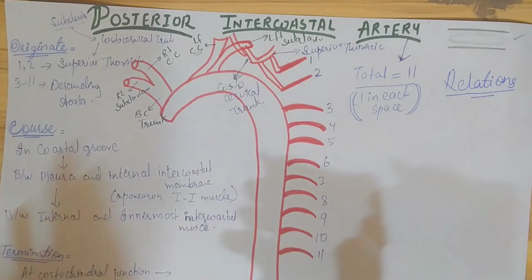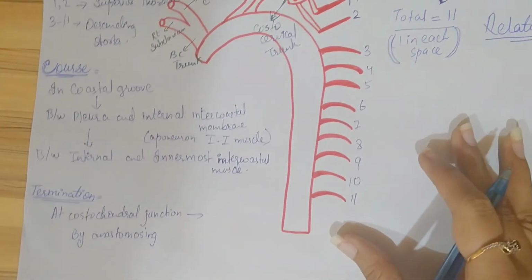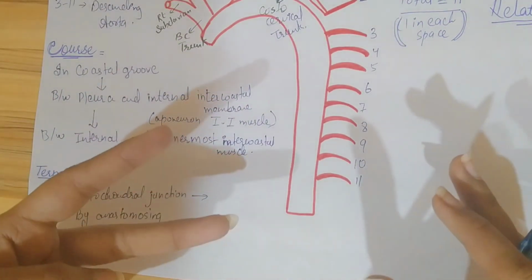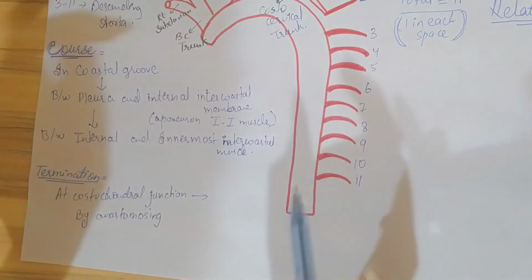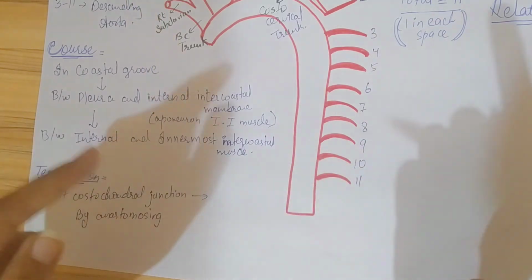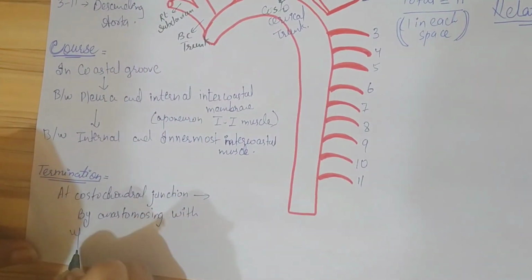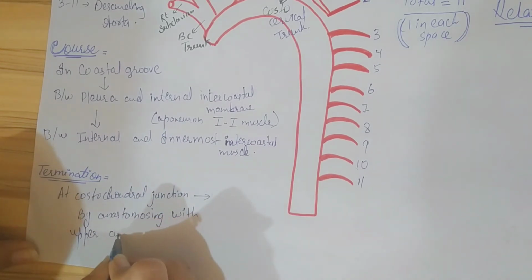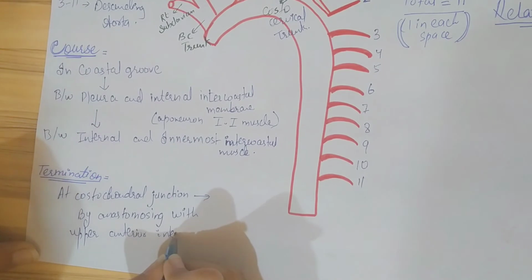As I told you, there are two anteriors, the upper one and the lower one. It anastomoses with the upper one. The upper anterior intercostal artery.